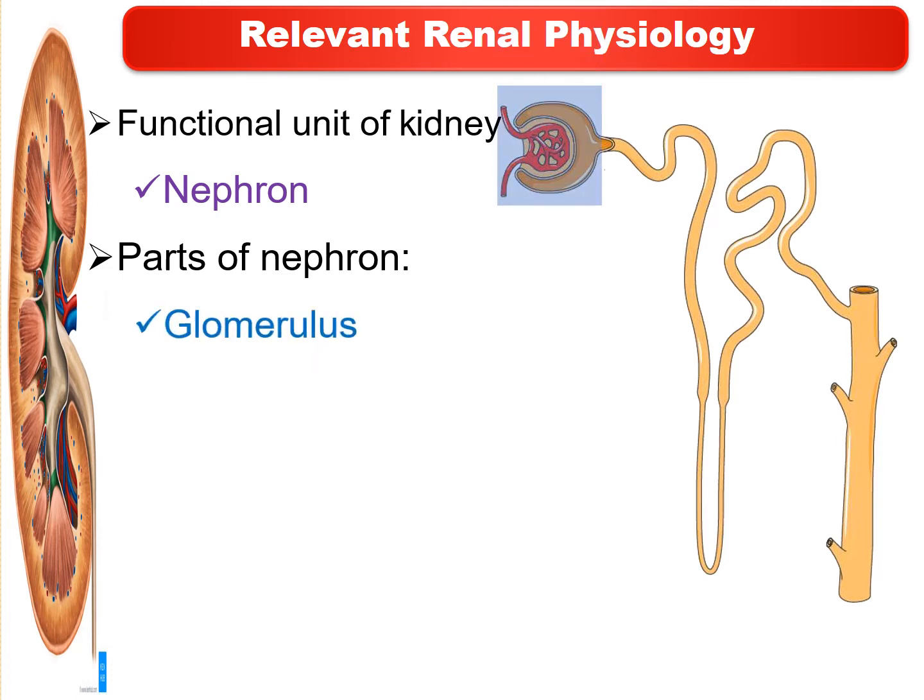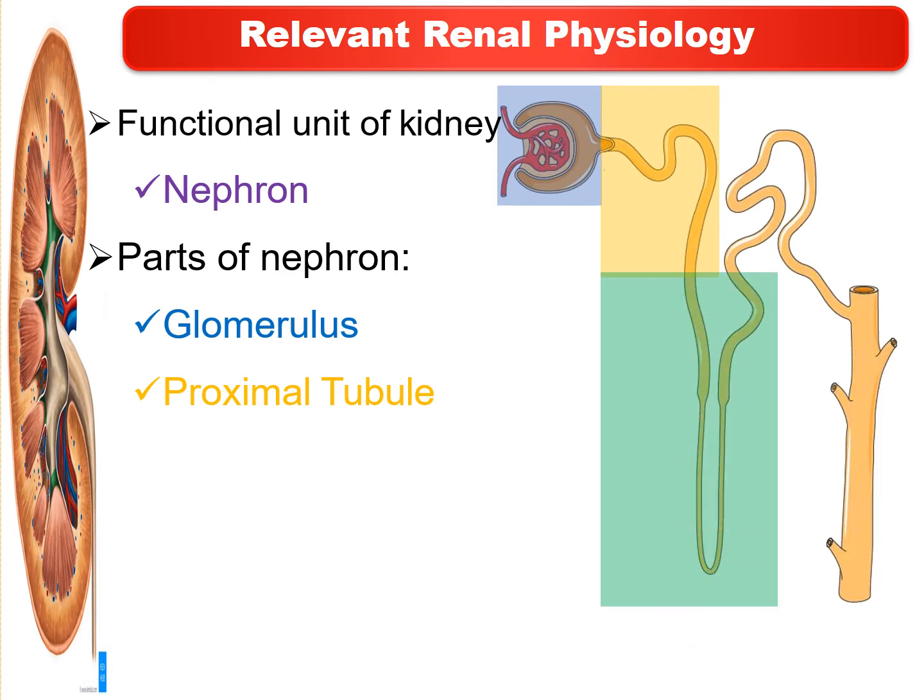This part is called the glomerulus, as we discussed in the previous slide. Then afterwards, this portion is called the proximal tubule. Then this portion is called the loop of Henle.